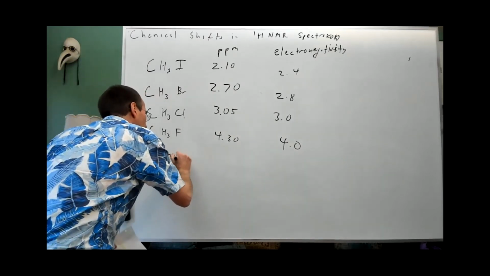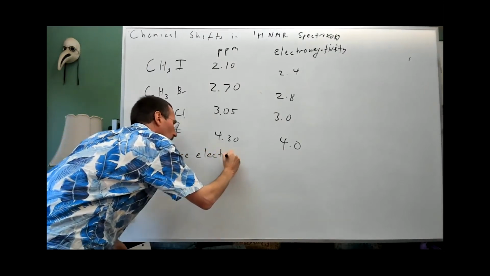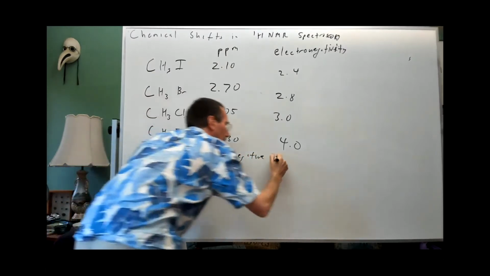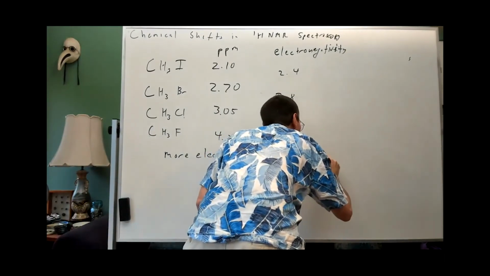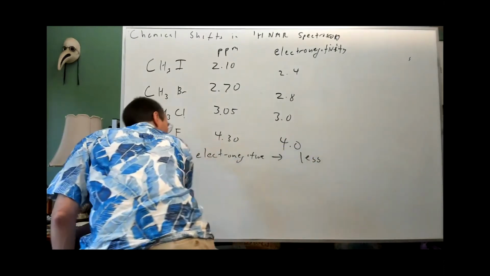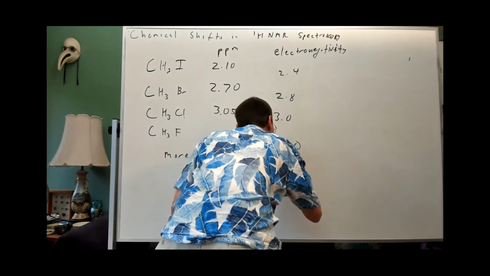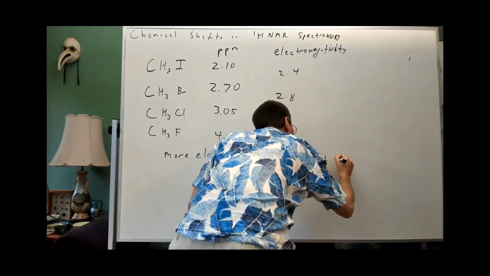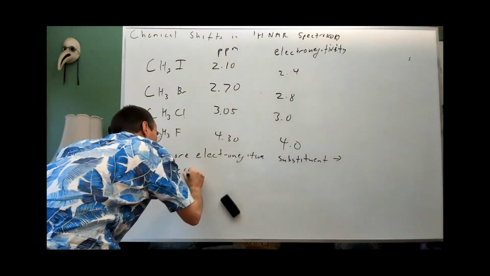So more electronegative leads to less electron density around the hydrogen. So more electronegative substituent leads to less electron density around the hydrogens.